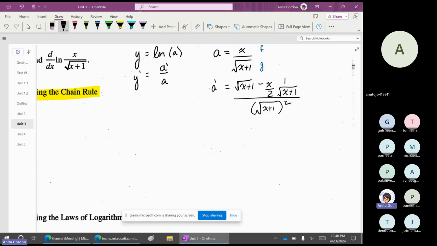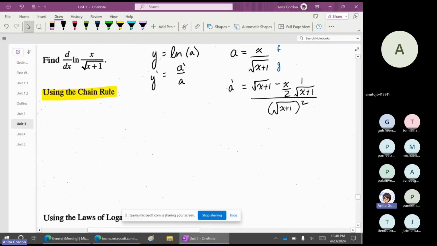Did we follow that? F is x, so f prime is 1. G is root x plus 1, so its derivative is 1 over 2 root x plus 1. And then the bottom is squared. Okay, stacked fraction, don't like them.